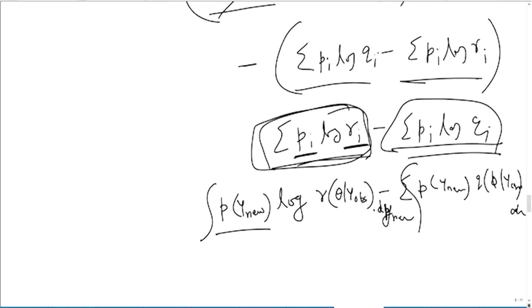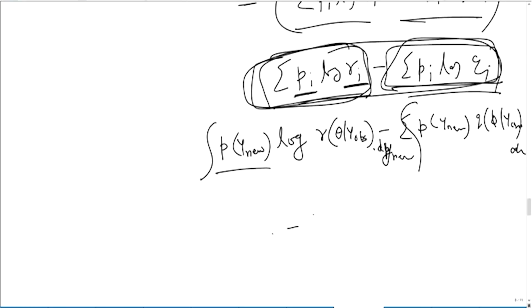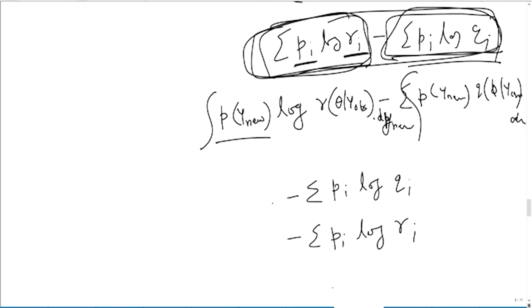So for example, this term gives us some quantification of how close this model Q is to the truth, and this term gives us some quantification of how close this model R is to the truth.